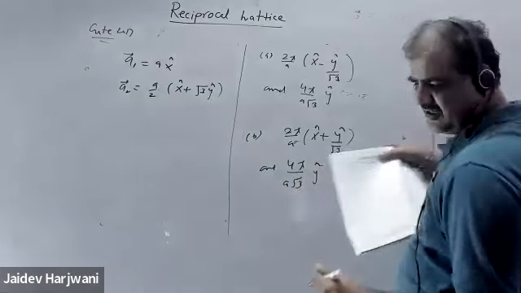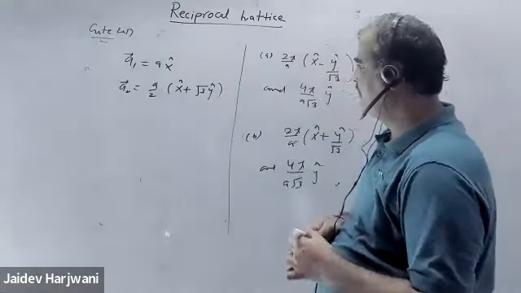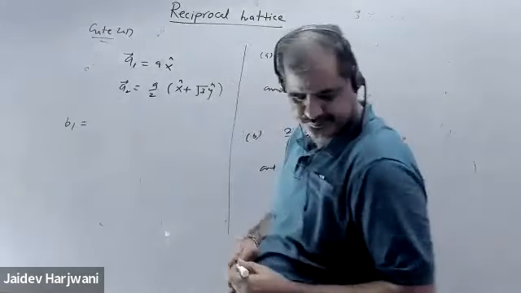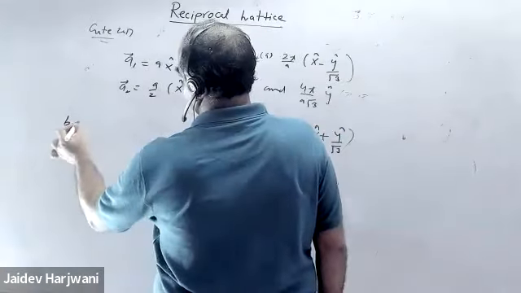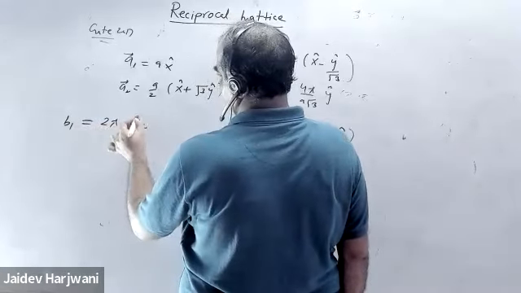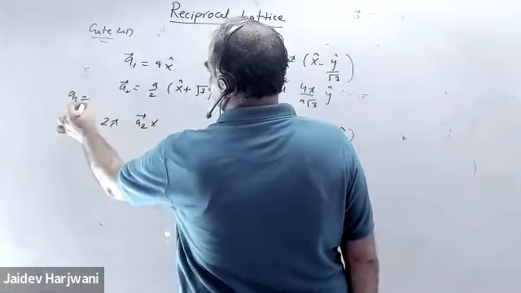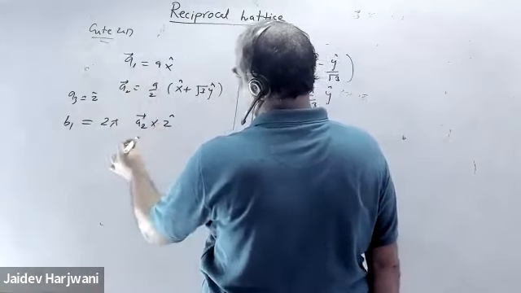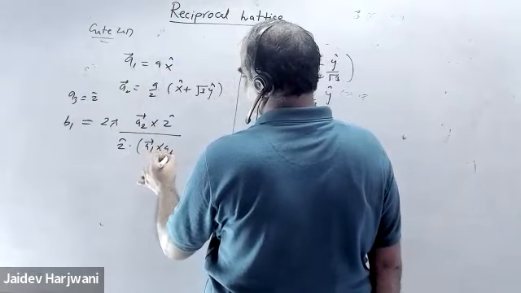Okay, now I am writing all the options. One of these two is correct, tell me which is correct. How will we find it? Okay, now if I want to calculate b1, so b1 will be what? b1 will be 2 pi, a2 into a3, again I'm taking z cap, which will be perpendicular to them, x cap y cap gives z cap, so z cap, okay, now I'm taking z cap dot a1 cross a2.